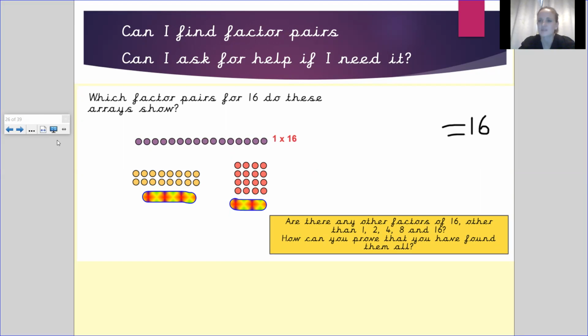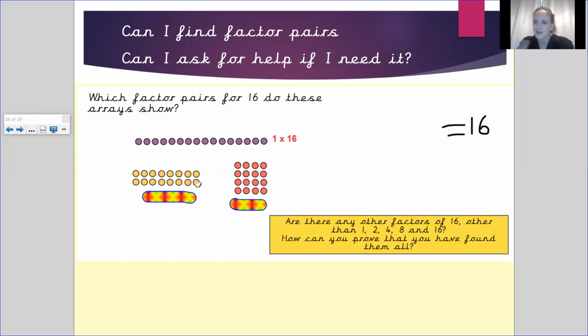Bearing in mind we are still looking for factors of 16, this one has been split into 2 rows. If I count one of those rows, I'm going to go 1, 2, 3, 4, 5, 6, 7, 8. So I've got one row of 8 and then one row of 8, which means I've got 2 rows of 8. So 2 times by 8 will give me 16.